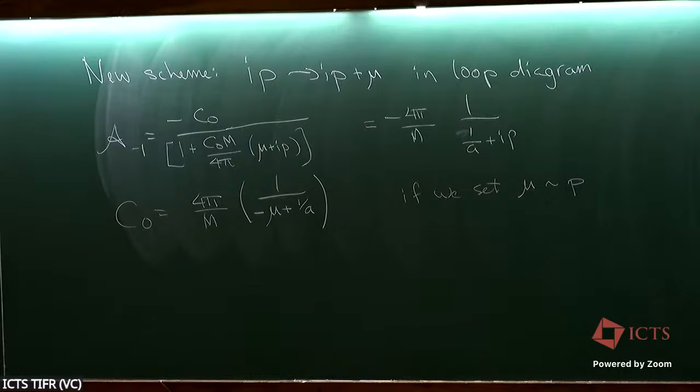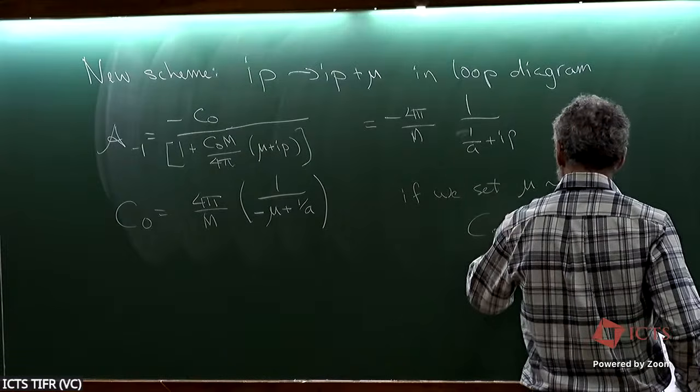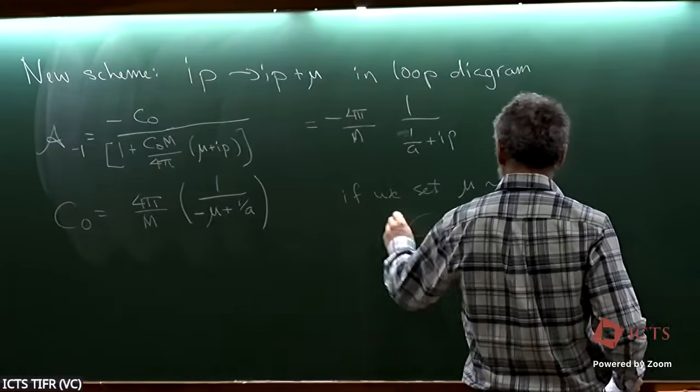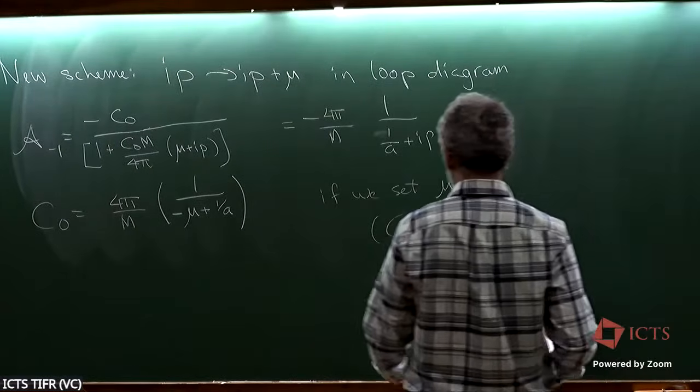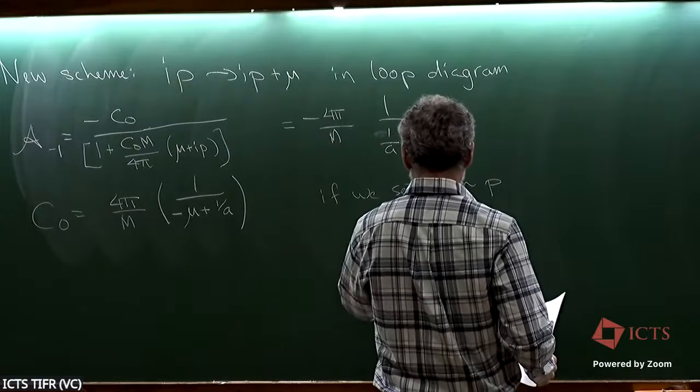If we set mu on the order of P, now what we've got is that this term that we were summing that we didn't like, C naught MP to the L, and it's probably a 1 over 4 pi when you actually do the diagram here.